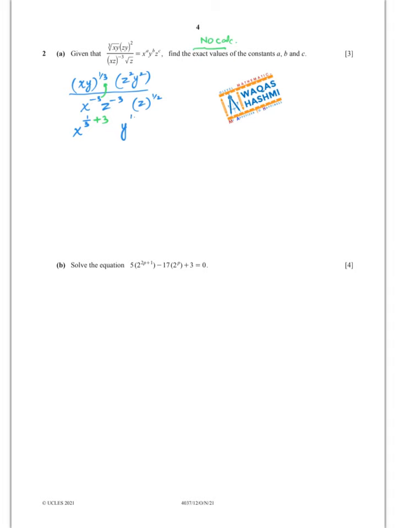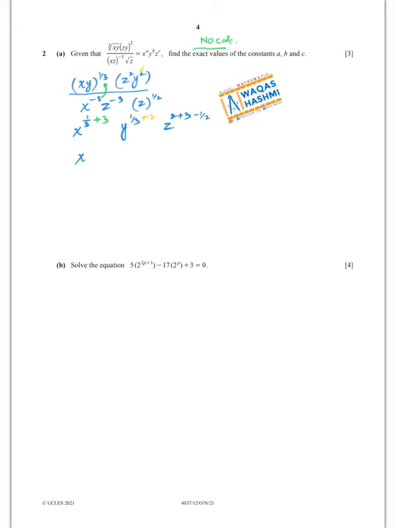So y is 1/3, and this power 2, since these bases are multiplying, you need to add the powers, right? For the z part, in the numerator we have z power 2, but in the denominator it's -3. When you shift -3 to the numerator, it will be +3, and when you shift 1/2 to the numerator, it will be -1/2. Alright, now we need to simplify.